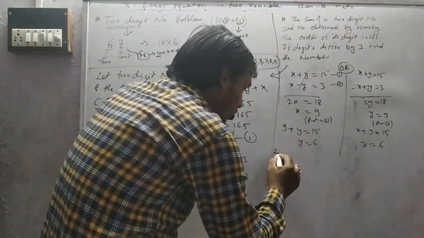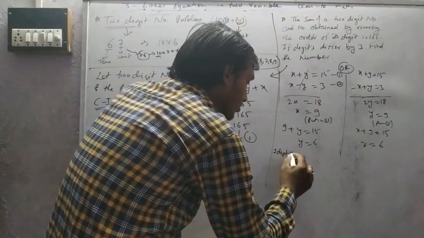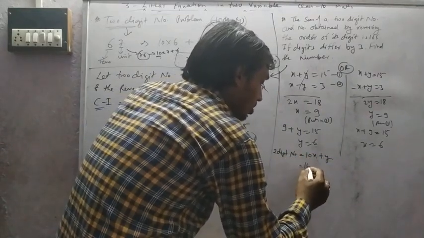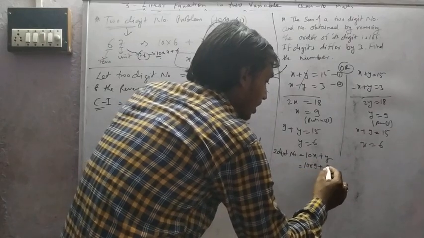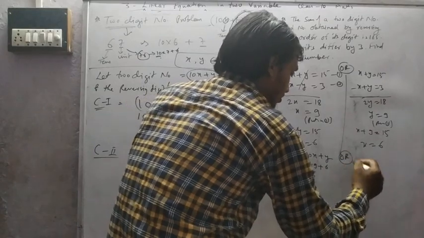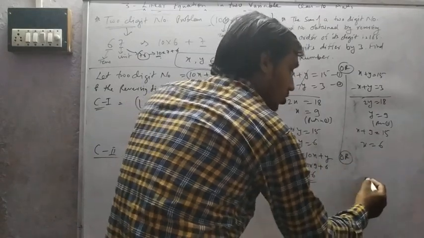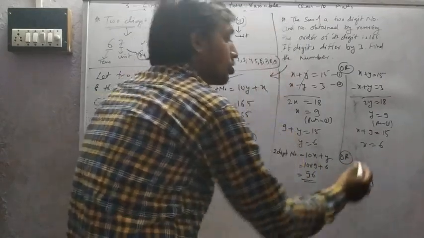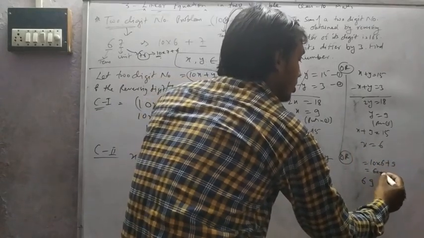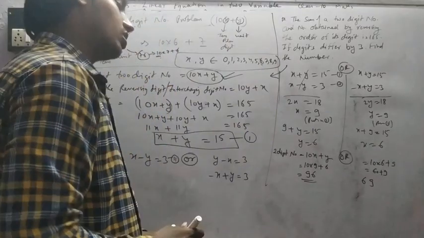The answer is a 2-digit number, that is 10x plus y. So 10 into 9 plus 6, 96, or you can directly write 69, or you can solve it: 10 into 6 plus 9, 60 plus 9, that is 69.